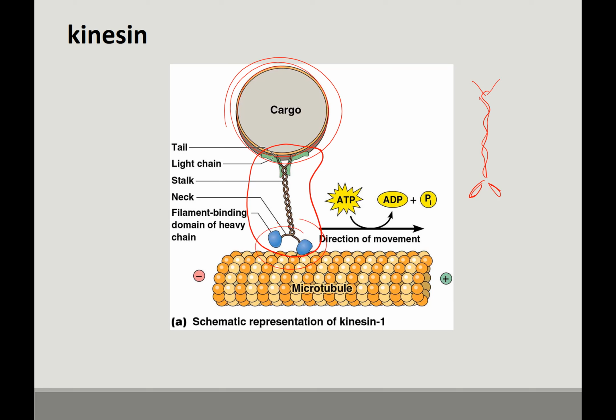On the other end, it interacts with the microtubule. Again, it's moving towards the plus end, which is anterograde movement. And this here is emphasizing that ATP is required. So in order for these little feet to walk along the microtubule, ATP hydrolysis has to happen.